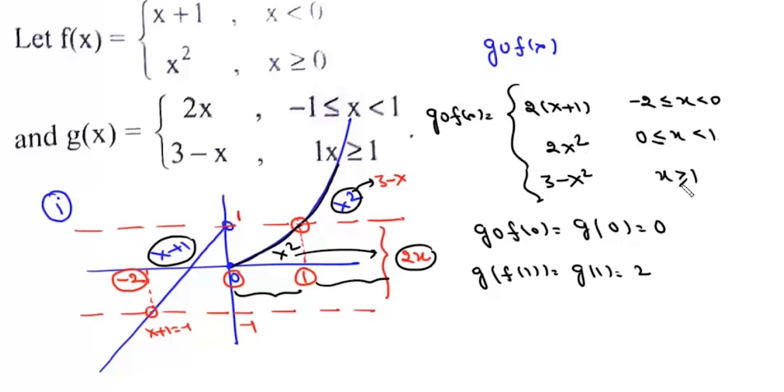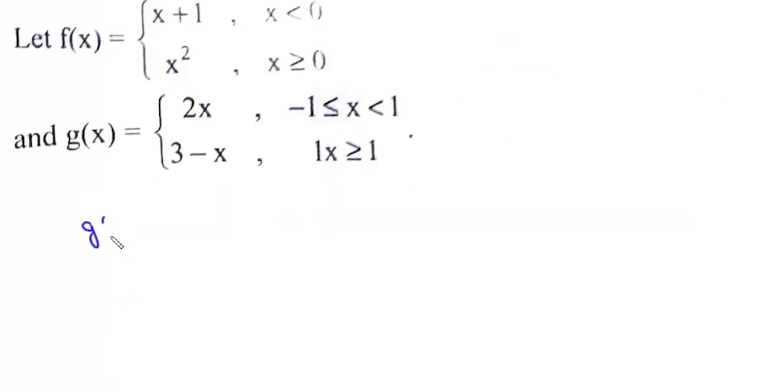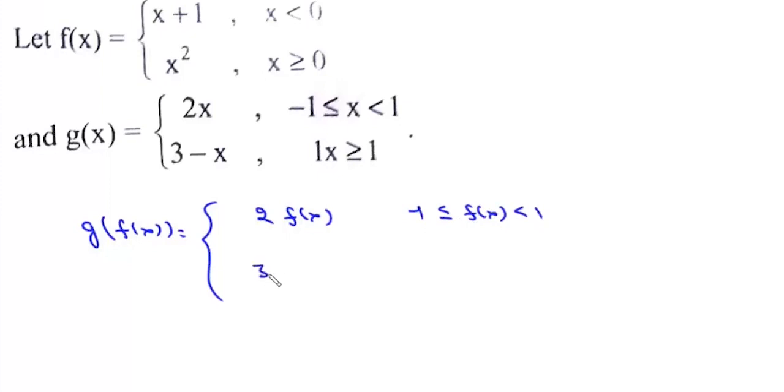Now we'll solve this using the algebraic method. So here we have to find g of f(x), which is 2f(x) when f(x) lies between minus 1 and plus 1, and it will be 3 minus f(x) when f(x) is greater than or equal to 1. Now f(x) has two definitions, so first we'll consider this definition.